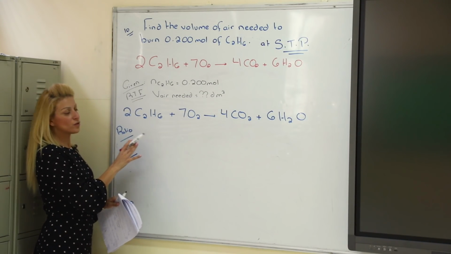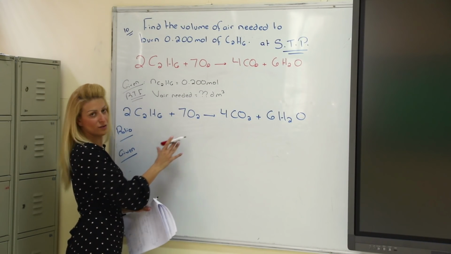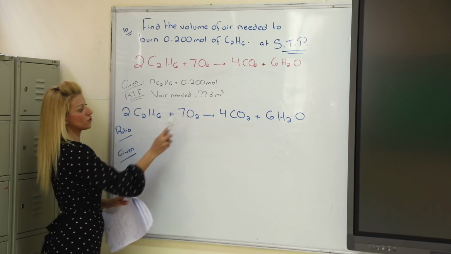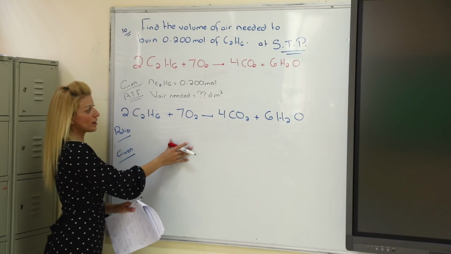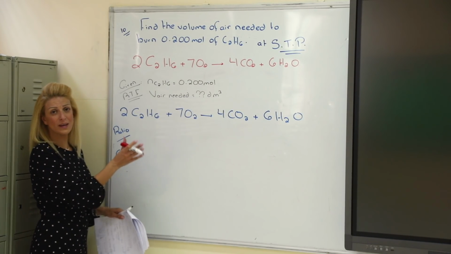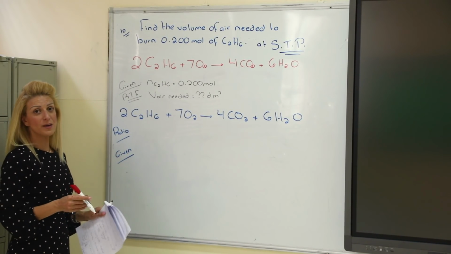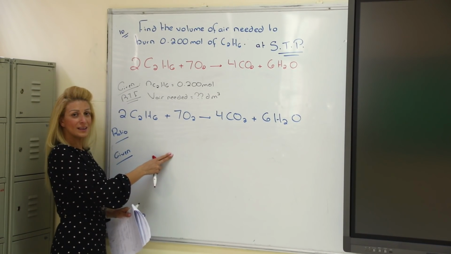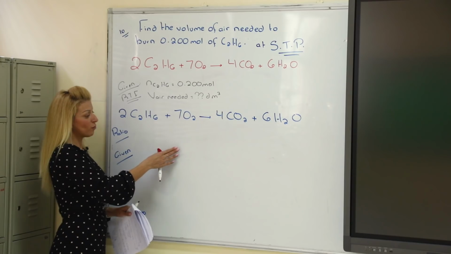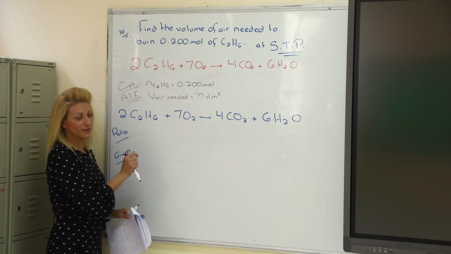In our equation, we do not have air as a reactant. We have oxygen, but it is necessary to find the volume of oxygen needed before we can find the volume of air, because we know that air is 20% oxygen, and we can get the volume of air once we know the volume of oxygen that's needed.